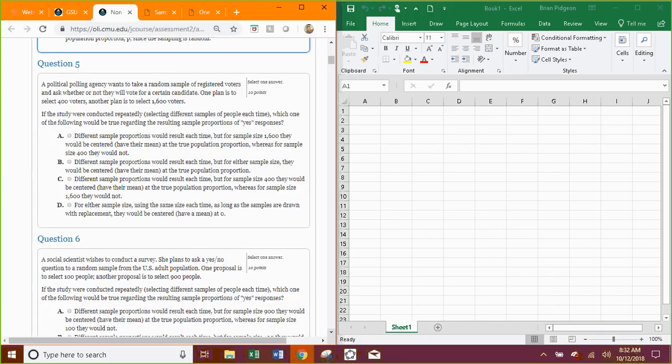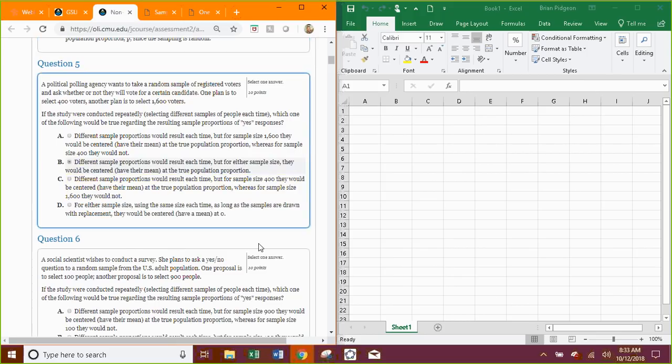Well, I'm going to say that D is not true. Different sample proportions would result each time, but for either sample size, they would be centered at the true population proportion. Yeah, I would say that's probably true.